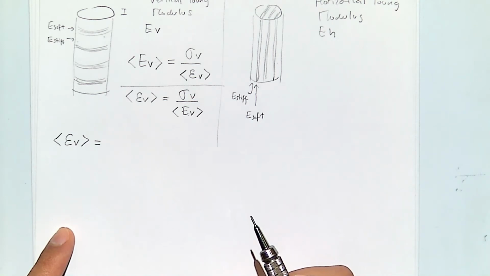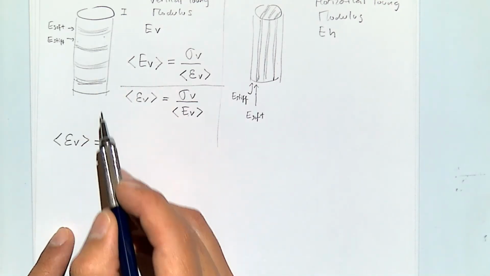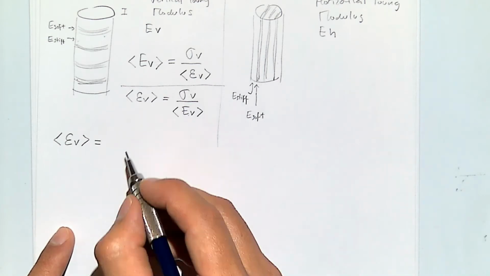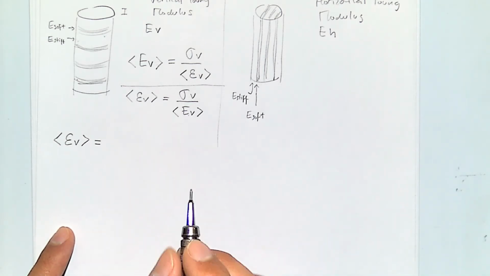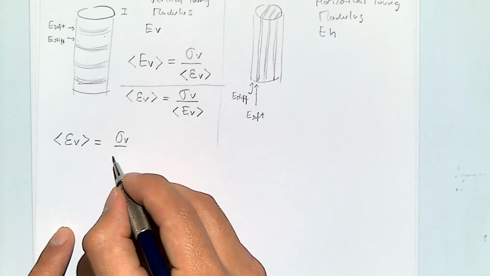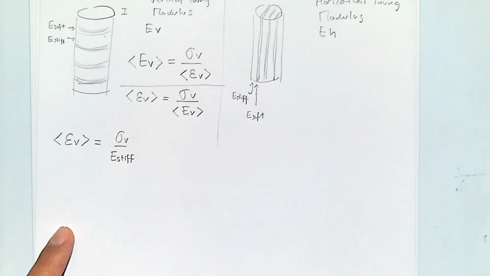All right, so what is going to be the deformation of the stiff part? Notice that each of these layers is going to have the same stress. And each layer then is going to have a strain which is going to be sigma v, let's do the first stiff part, divided by the Young modulus of the stiff part.